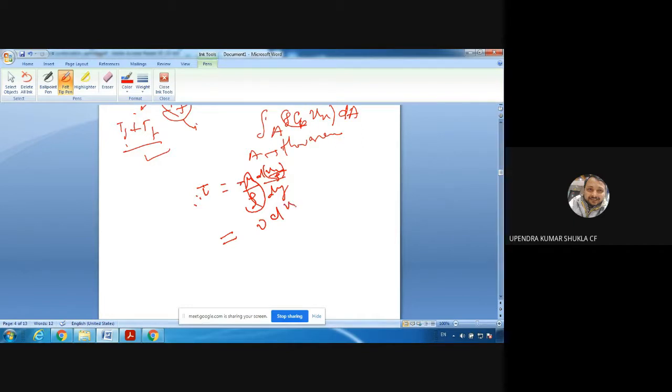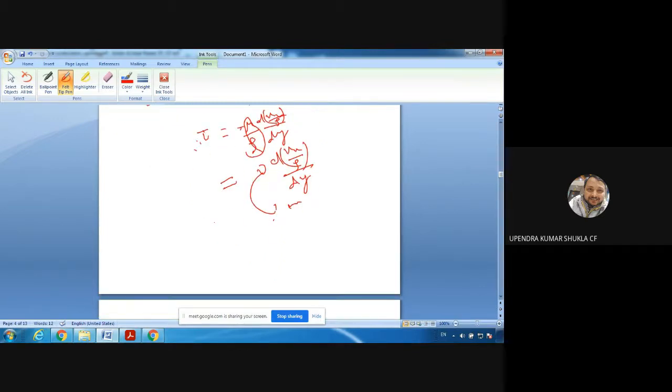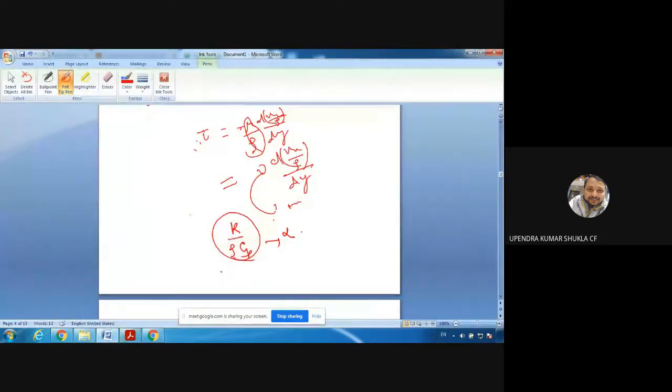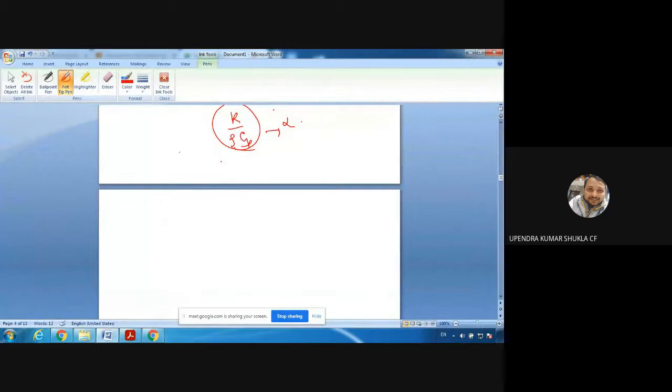If rho is not changing, this is the momentum diffusivity. It has the same unit as thermal diffusivity. In thermal diffusivity, I told you that k by rho Cp is the thermal diffusivity alpha. So the Prandtl number is the ratio of momentum diffusivity to thermal diffusivity.